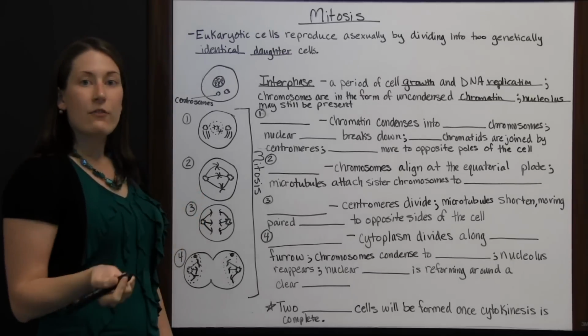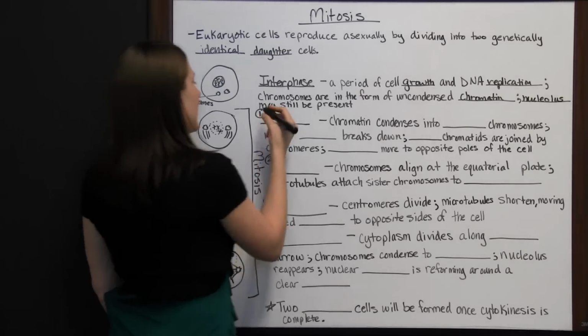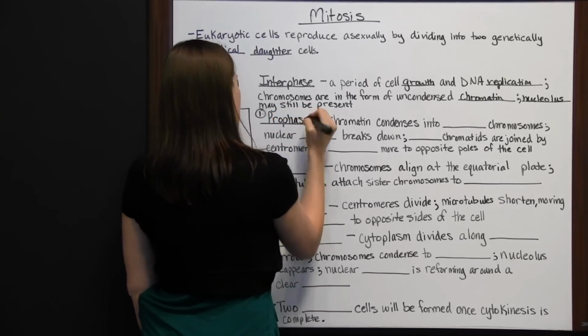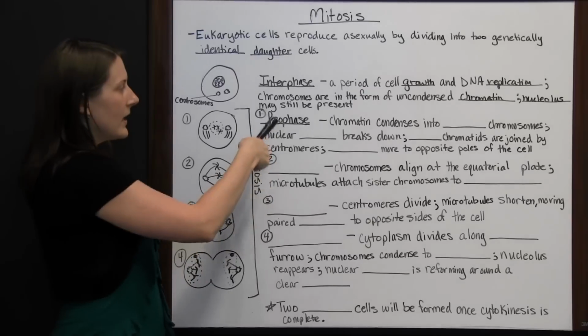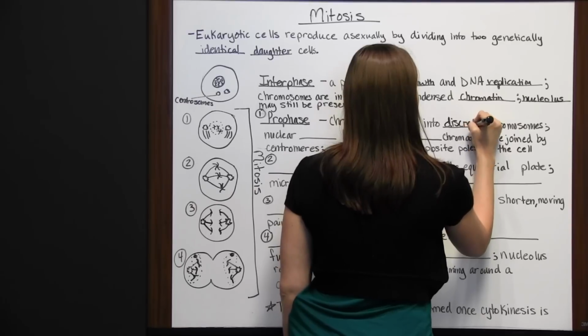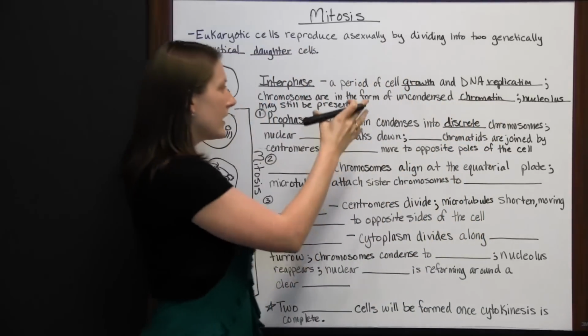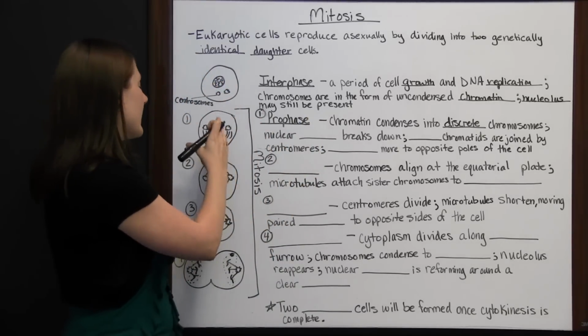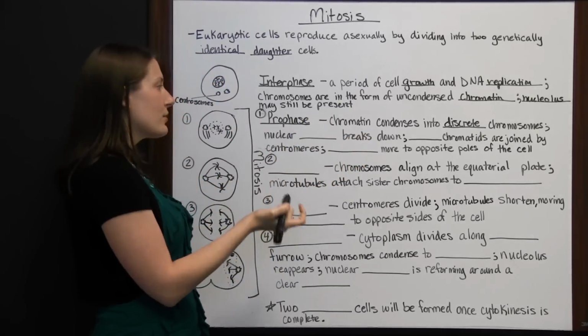Okay, first stage of mitosis is going to be prophase. In prophase, the chromatin condenses into discrete chromosomes. So remember, we had uncondensed chromatin. In prophase, it condenses into discrete chromosomes.